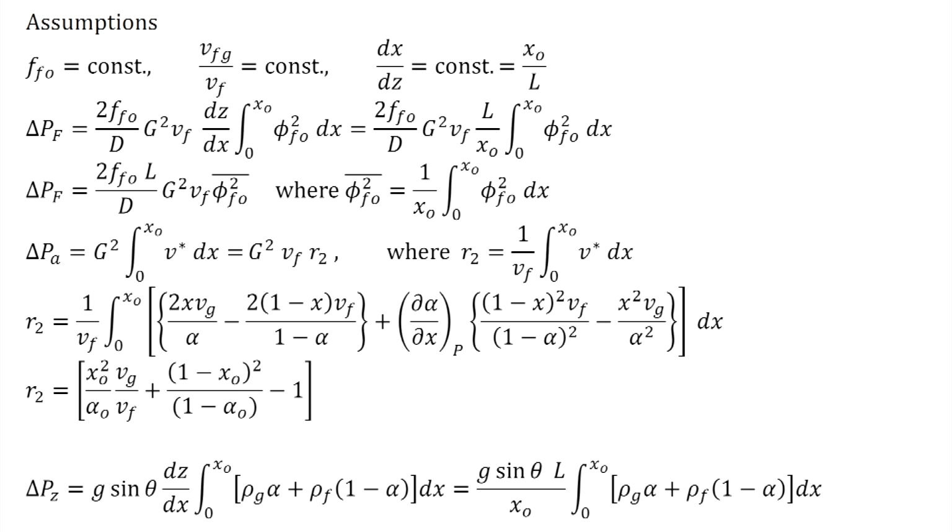The expression for R2 after integrating V star, we get this: xo square upon alpha O Vg by Vf plus 1 minus xo whole square upon 1 minus alpha O minus 1.